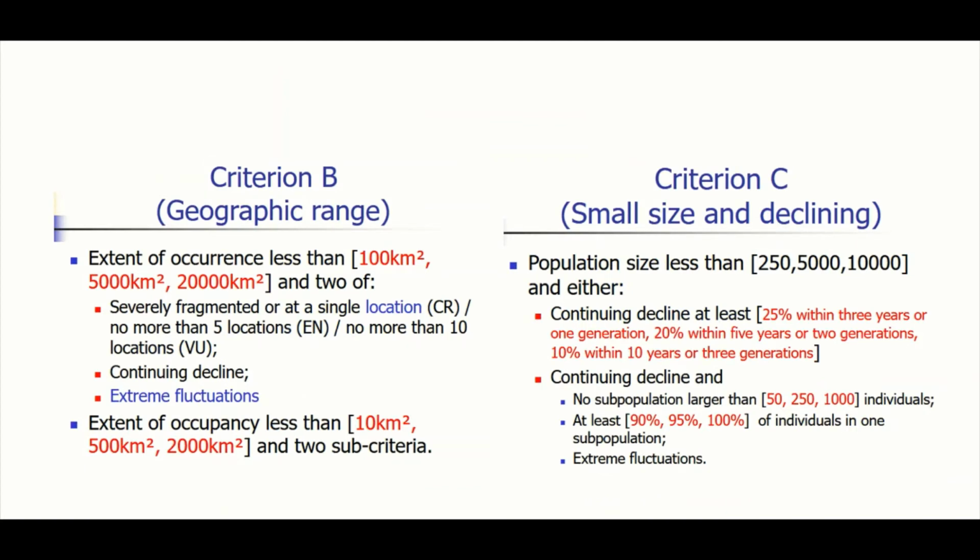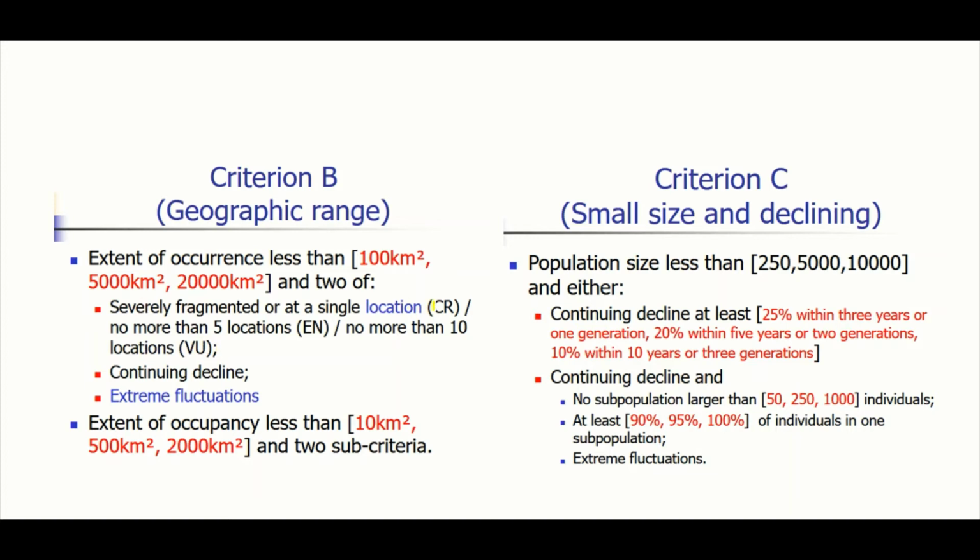Geographic range is criterion number 2. For the extent of occurrence, we check less than 100 square kilometers, 5,000 square kilometers, and 20,000 square kilometers, and 2 of severely fragmented or at a single location, critically endangered, then no more than 5 locations, that is for endangered, and no more than 10 locations, that is vulnerable.